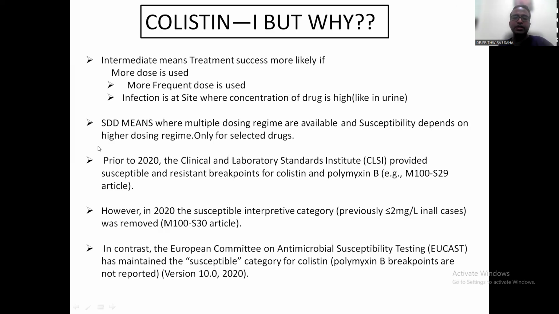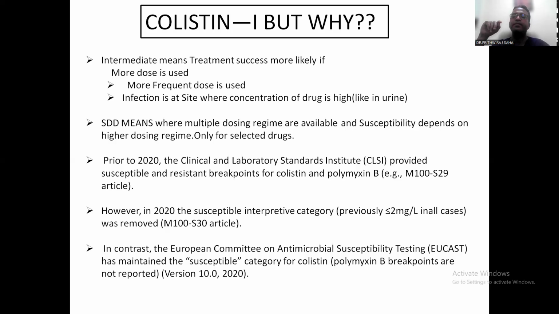Coming to this SDD, we have already discussed. Now coming to colistin and polymyxin. So what happened? Before 2020, colistin below or equal to 2 was termed susceptible, and above 2 was termed resistant. But in 2020, we have two bodies, CLSI and EUCAST.